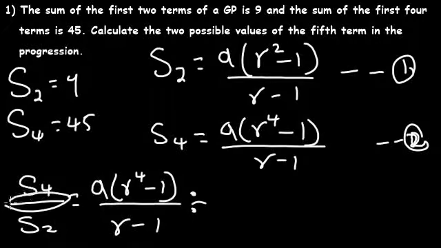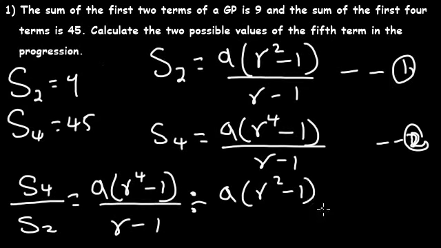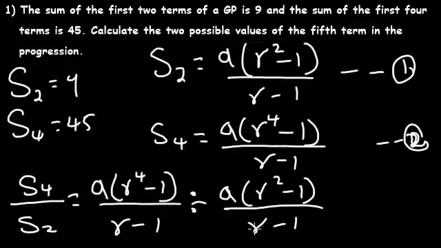I've turned the one connecting the 2 sums into a regular one. Then we have a multiplied by r squared minus 1 divided by r minus 1. Now, clearly you can see that these will cancel at the end of the day.